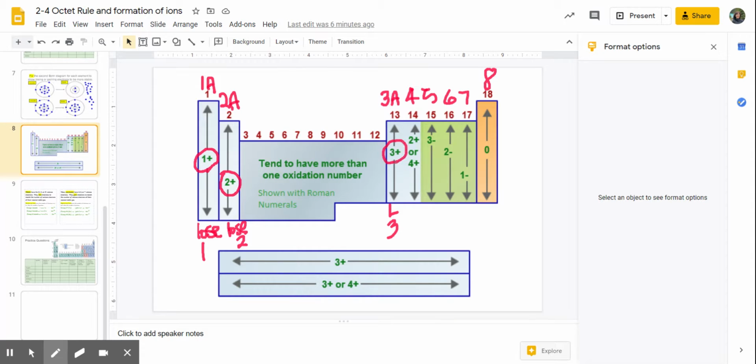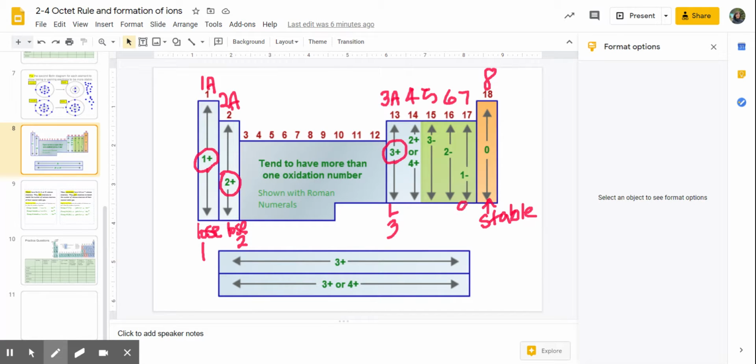and become 3+. Now, the last column, the noble gases, they are already stable, so they wouldn't really lose or gain any electrons. But the one right before, group 7, they are short by 1 electron compared to the stable group.